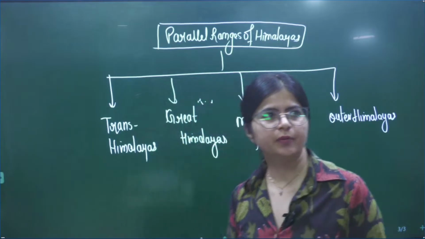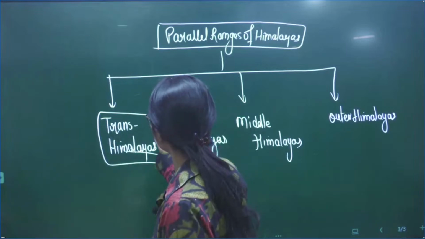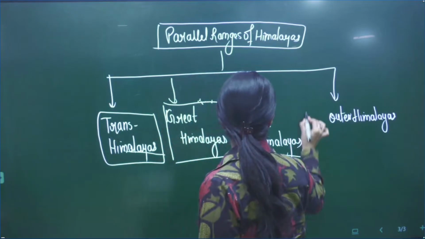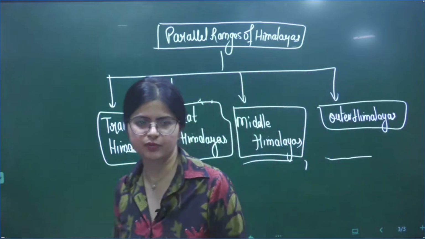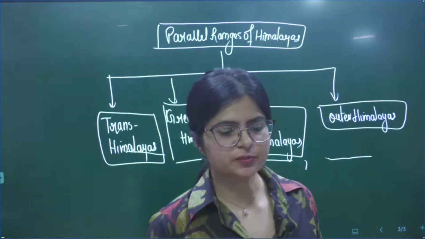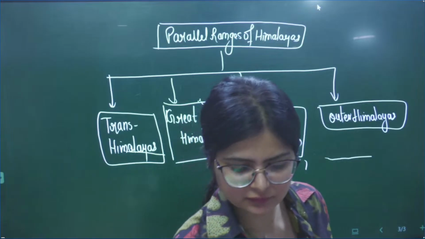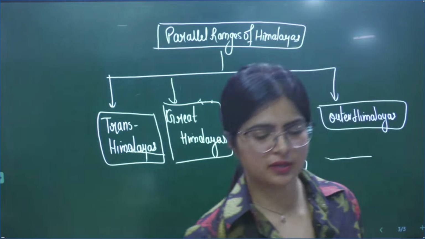Now first we'll keep on writing about the Trans, because this question can be asked separately. They can ask about the description of the Trans, and separately they can ask about the Great and the Outer. So we need to have the description of each one of them. The first one, write down the heading Trans Himalayas.